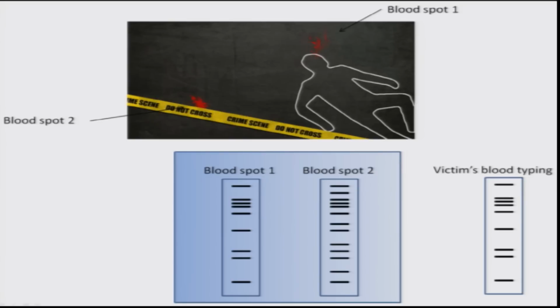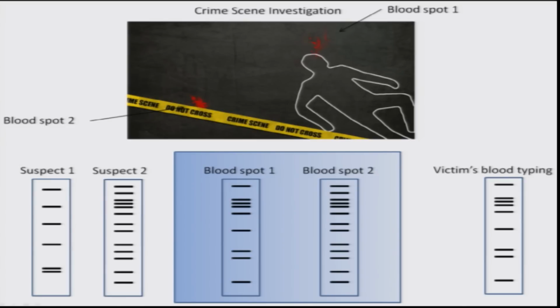But what about the other blood spot? In this case, there were 2 suspects in the vicinity, but the police were not sure which one of them killed this individual. So, blood was taken from both these individuals and their DNA profiling was done. This is the DNA profile of the 2 suspects, and now we have to see which banding pattern matches.